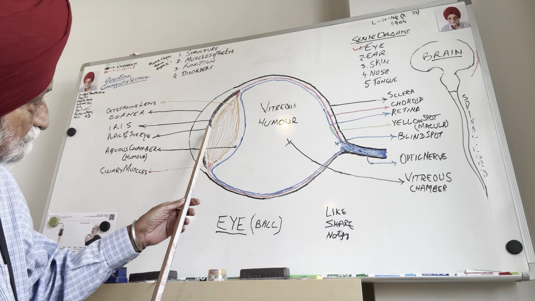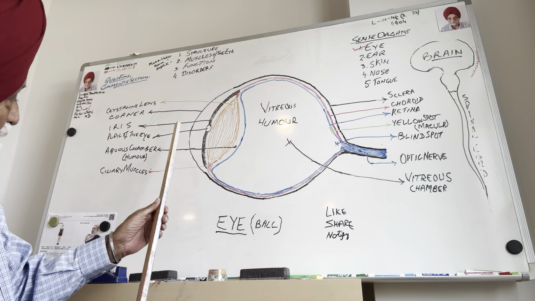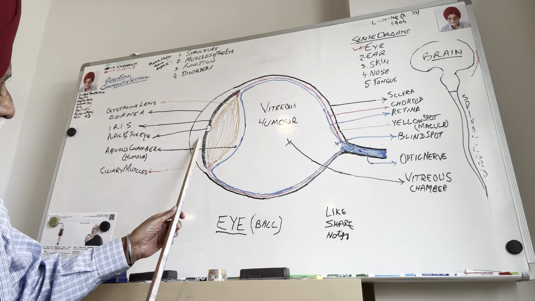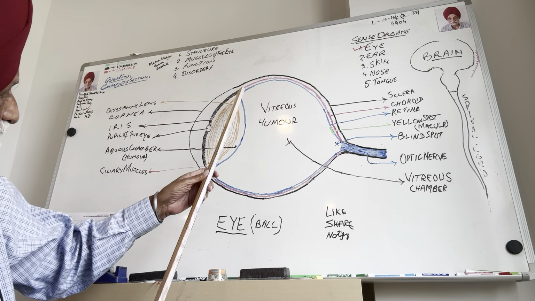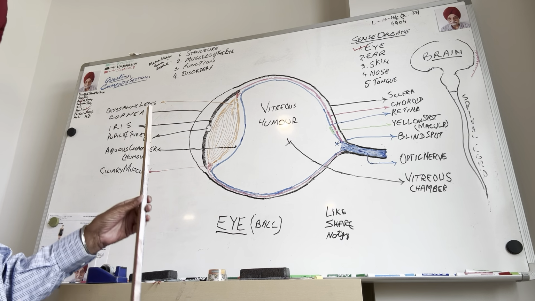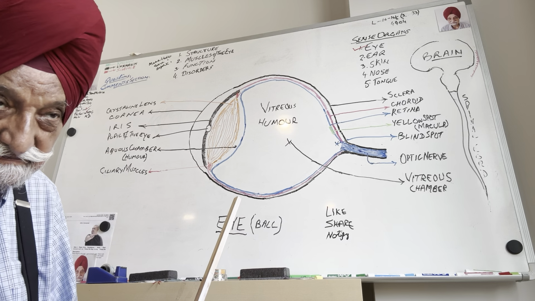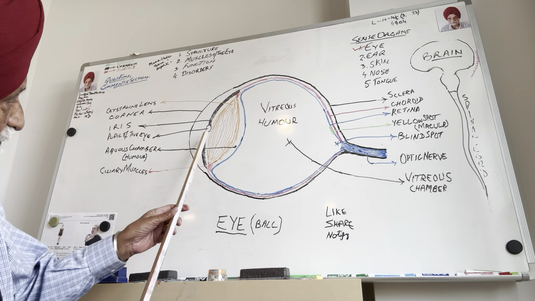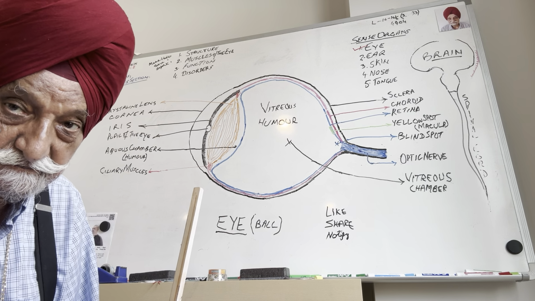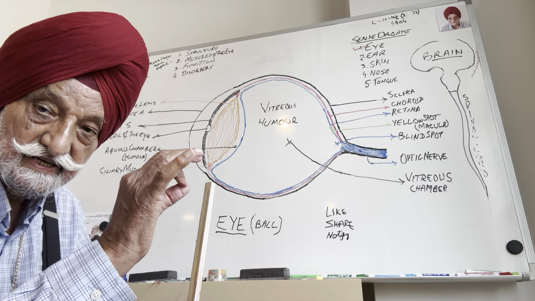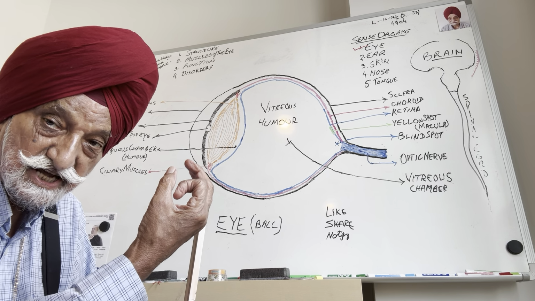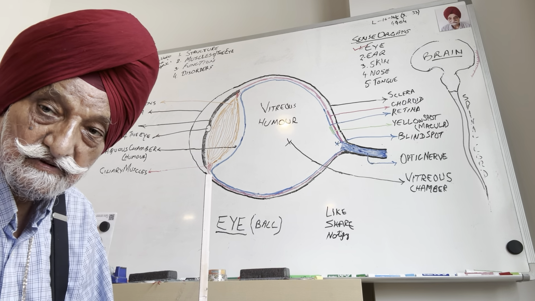In the middle of the choroid, there's a space called the pupil of the eye. And the choroid in the region of the aqueous chamber is changed into a structure called the iris. The iris has a hole in the middle, and that hole is called the pupil of the eye. Now this hole can be increased or decreased in its diameter depending upon the amount of light.